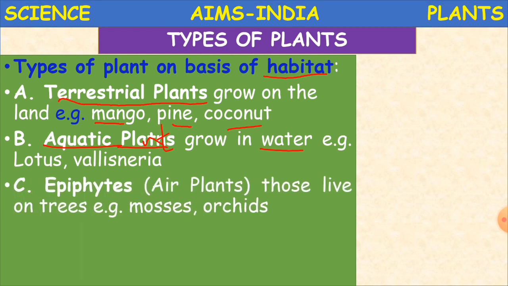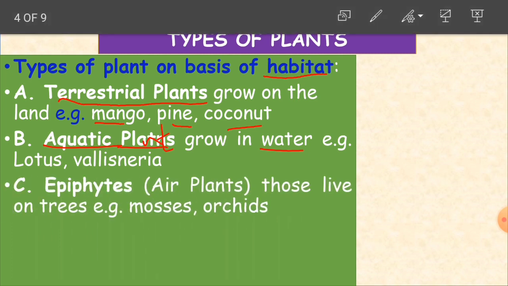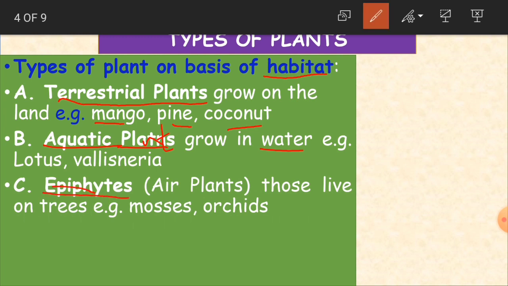And the other one is air plants, epiphytes. We call them epiphytes. What are they, children? They are air plants. Why do we call them air plants? Because they live in air, in the sense they live on trees. So they are not going to live on the soil or in the water.